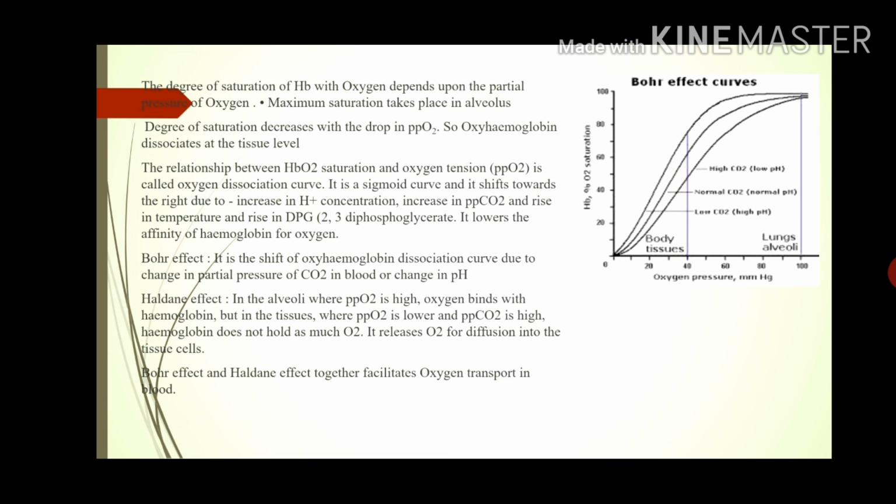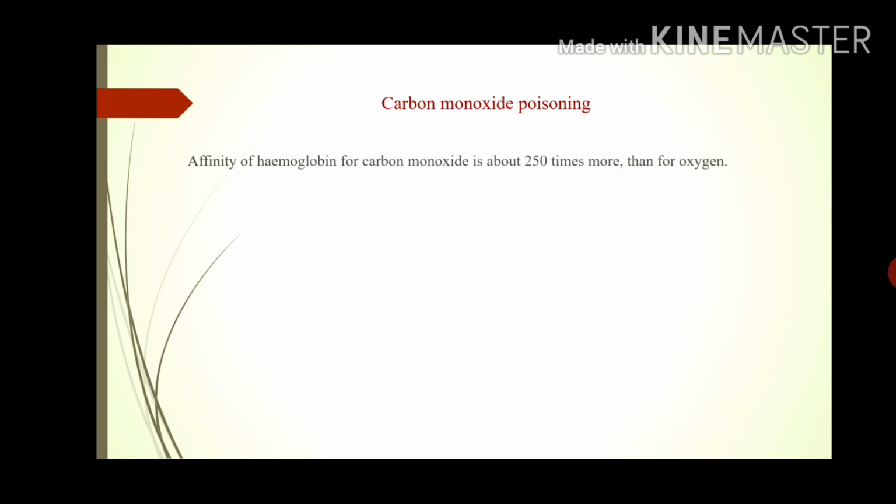Now, the affinity of hemoglobin for carbon monoxide is also more, and sometimes it leads to something called carbon monoxide poisoning. Carbon monoxide can combine with hemoglobin 250 times more than oxygen. That is, if oxygen is available and carbon monoxide is available, hemoglobin is going to bind with carbon monoxide.